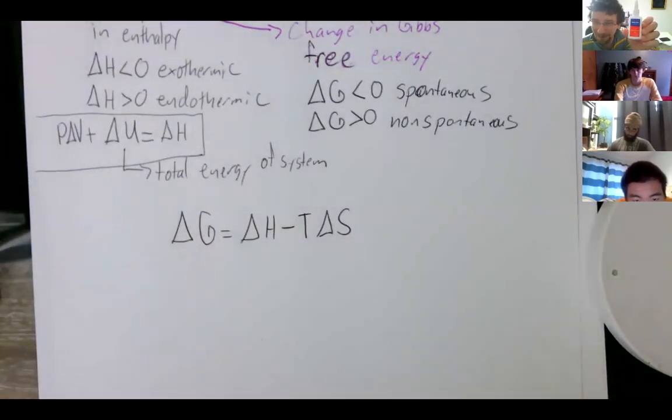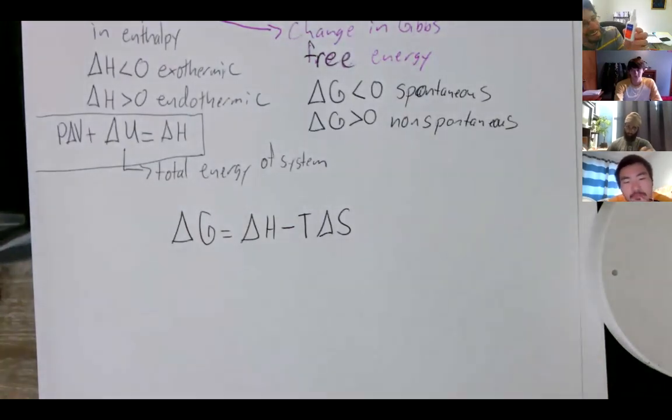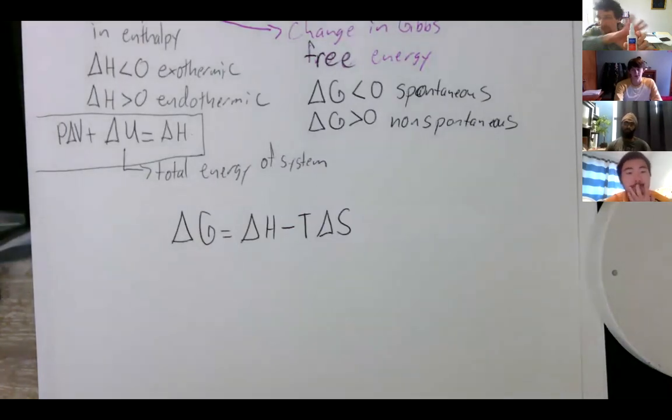I'm not promoting sniffing glue, but if this is my system that I'm exploring, what are the surroundings? The container and the outside air. Yeah, everything else in the universe outside of it. But this little part of the universe that I care about, that's our system.